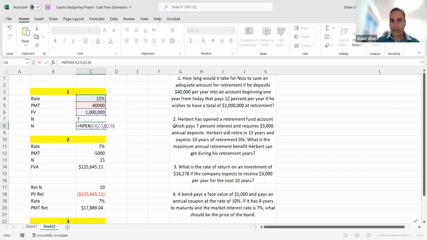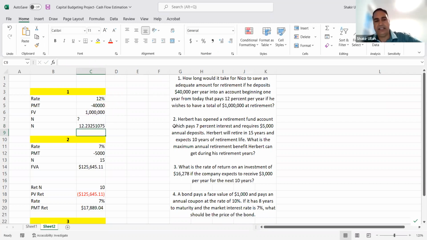Which is the case in our example. I do that and press enter. It gives me the answer of 12.23 years. Okay. So that's how we find the number of years.